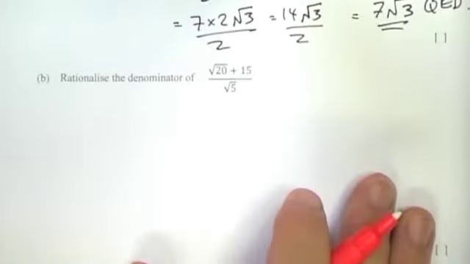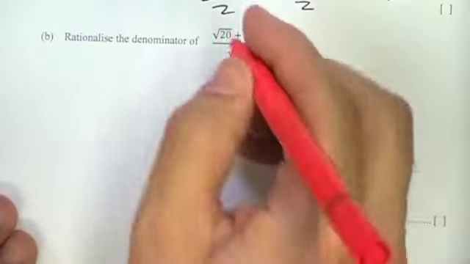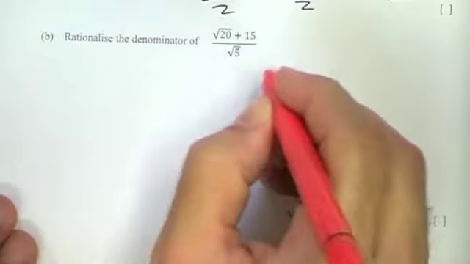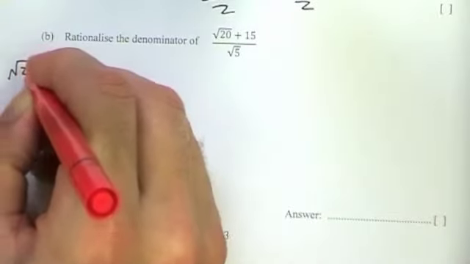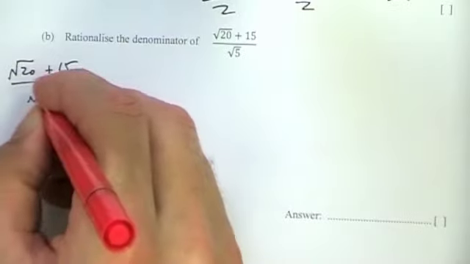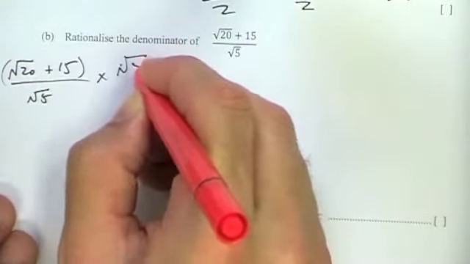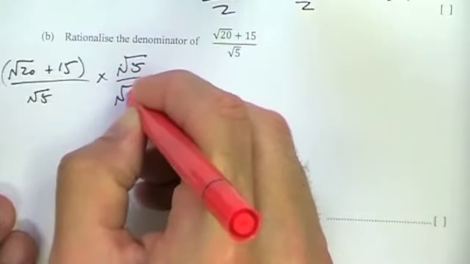Part B, same approach, just a more complicated numerator, but I effectively have my root 20 plus 15 over root 5, and I'm going to bracket that together and multiply top and bottom by root 5 over root 5.